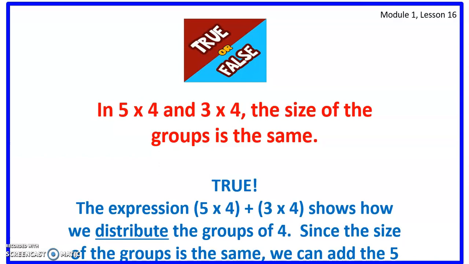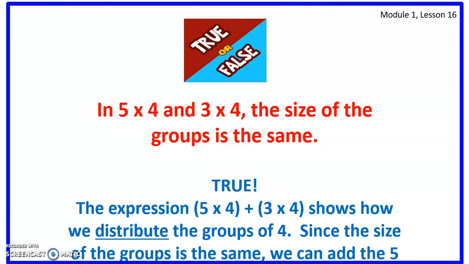This is what we call the distributive property of multiplication. Here we can distribute 8 times 4 into 5 times 4 and 3 times 4 to show groups of 4. Now, since the groups are the same, we add the 5 and 3. 5 plus 3, which is 8.